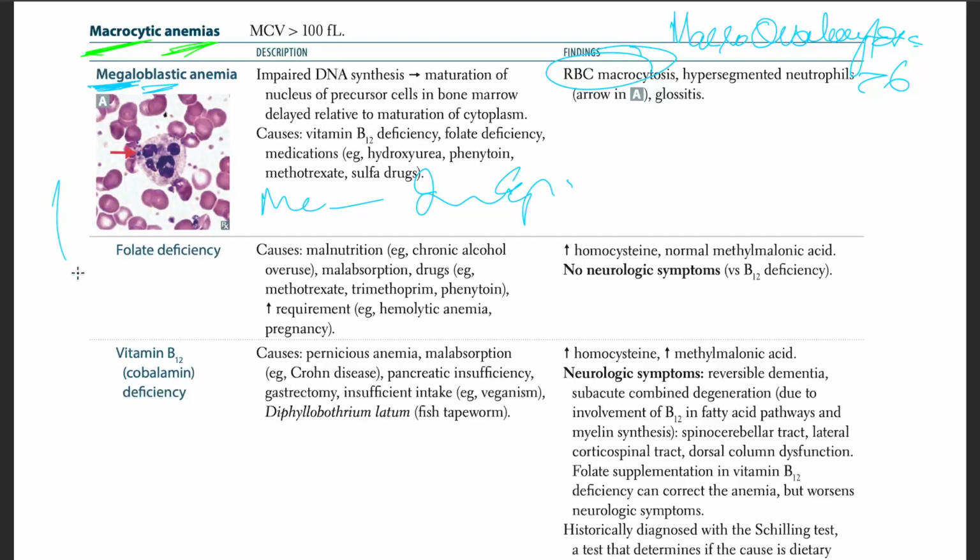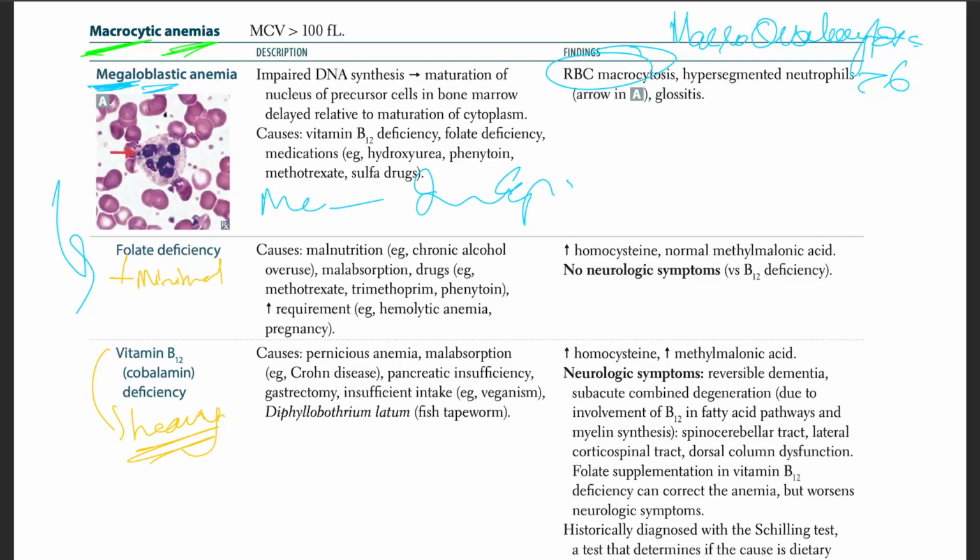Okay, now let's look at the tiny details of folate deficiency and vitamin B12 deficiency. First of all, you got to know that the body stores for folate are minimal, and body stores for vitamin B12 are heavy, meaning a lot.